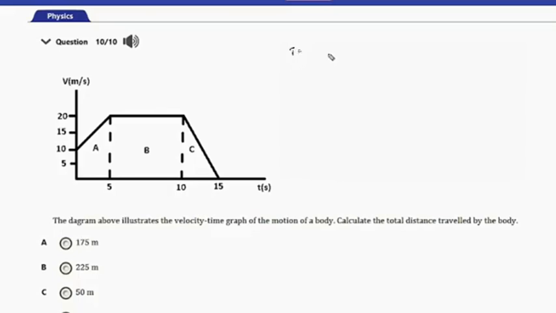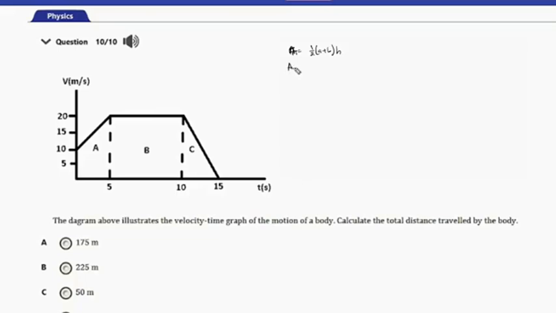So for a trapezium, the area is half into A plus B into H. So guys, in this question here, the A is this point on the velocity axis, from 0 to 10, that will be our A, whereas still on the velocity axis, from 0 to 20 will be our B. So this line is A and the next line is B. So in that case, our H is on the time axis, that's the x-axis here.